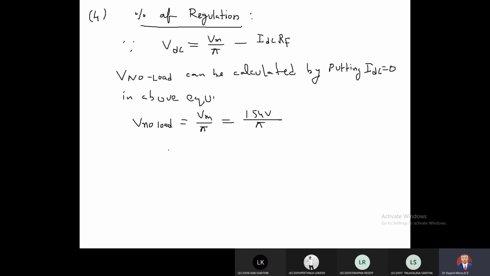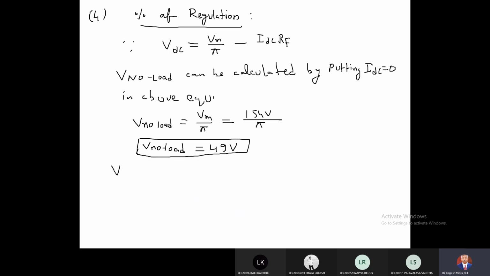If you put the value of pi, then we will get this voltage at no load value. And this will come 49 volt, right? Now we have found this voltage at no load.